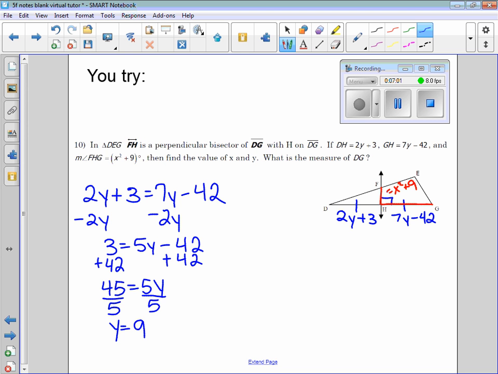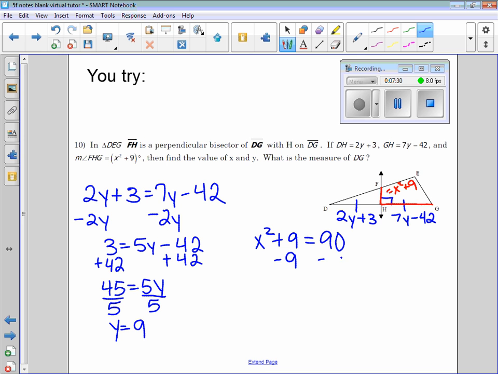Okay, so I've solved for y, now I need to solve for x. Well, x is included with the measure of angle FHG, where it is equal to x squared plus 9. But I also know that angle FHG is a right angle, which means it's 90 degrees. So I can take x squared plus 9 and set it equal to 90 and solve for x.